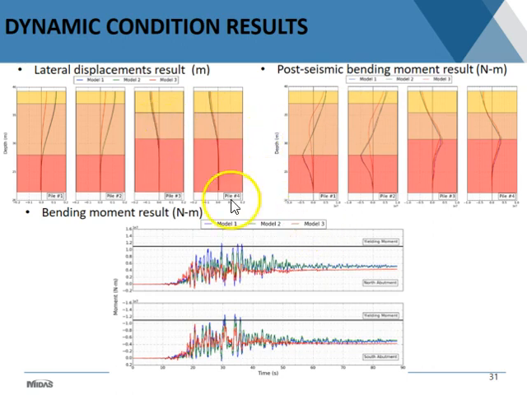This is really coming from FLAC, but for the dynamic one it is really similar to the one that we did with Midas. And one of the important things that you see here and that you don't see in the simplified approach or in the purely kinematic model is the history of the bending moments getting developed on the piles. This thick black line here represents what we expect to be the bending strength, the bending resistance, of the piles.